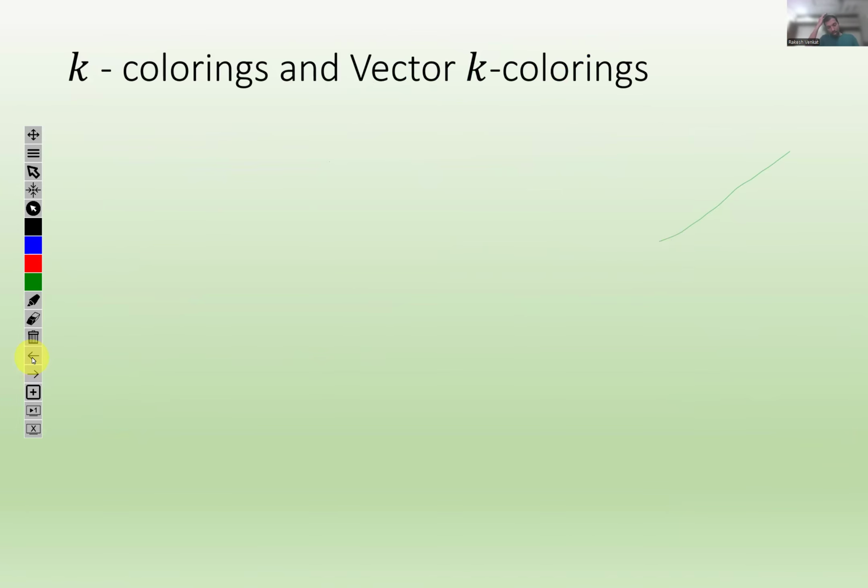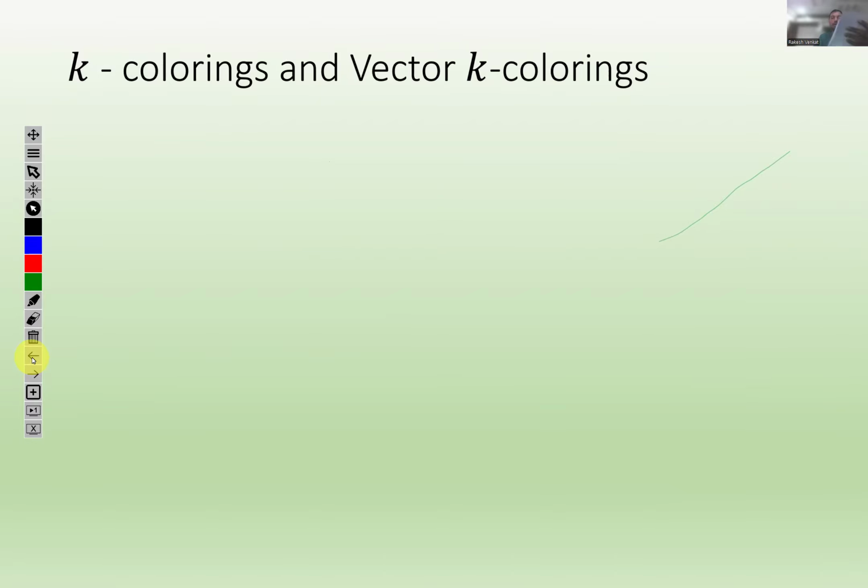What I'm going to introduce is a notion of a vector K coloring. I'm going to say that if a graph has a K coloring, it surely has a vector K coloring. That is an assignment of vectors to vertices which has some coloring-like property. And this is going to be the main thing that's going to help us.